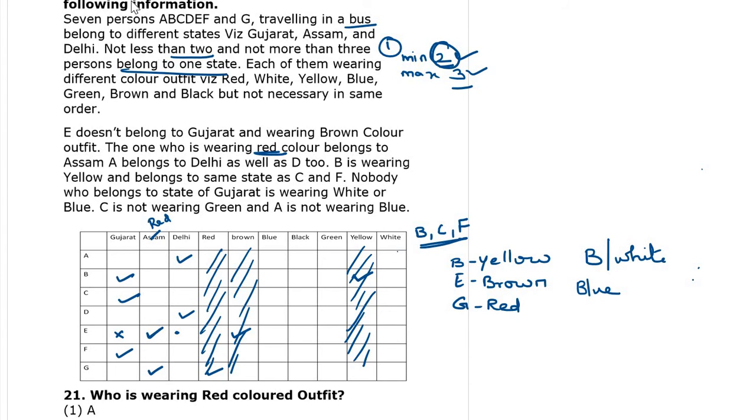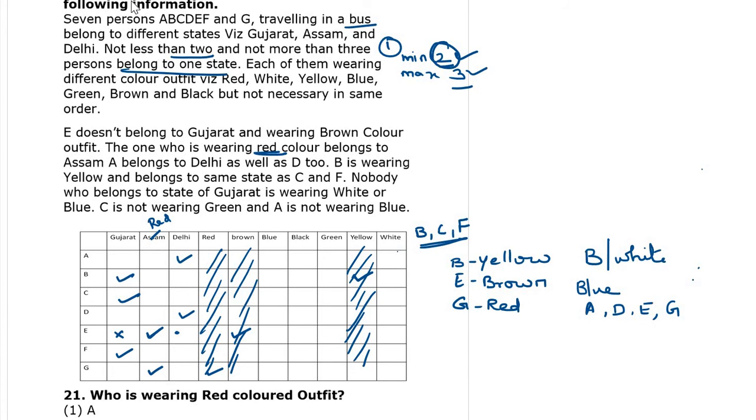Okay. Blue color. B, E, G we already know. What are the remaining persons? A, D, E, G. Okay. Blue color.